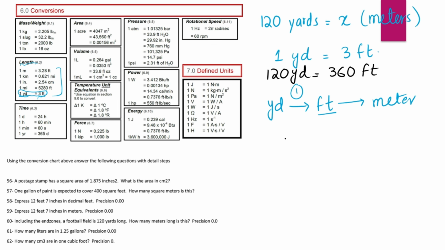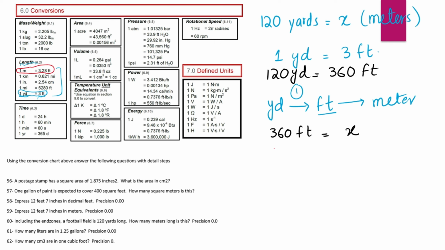The last step says 360 feet is equal to how many meters? I'm saying it is equal to x meters. Let's change the color. Now let's go to the table. In the table we have the meters and feet conversion, written here. You can see 1 meter is equal to 3.28 feet.